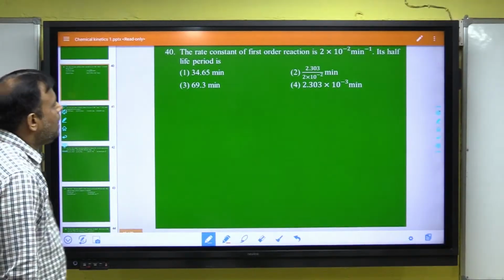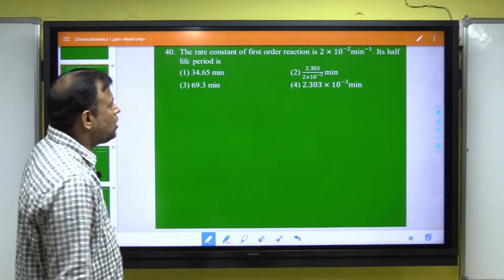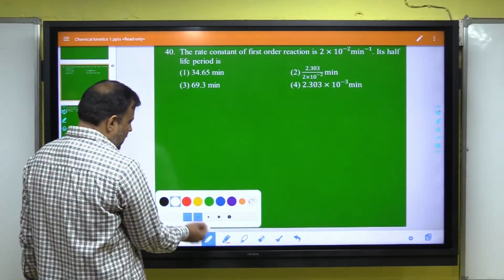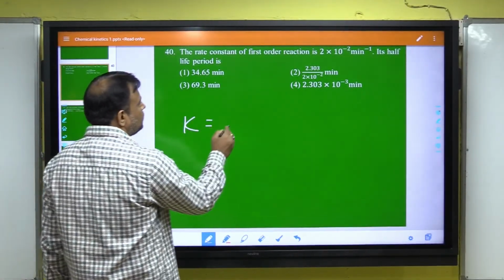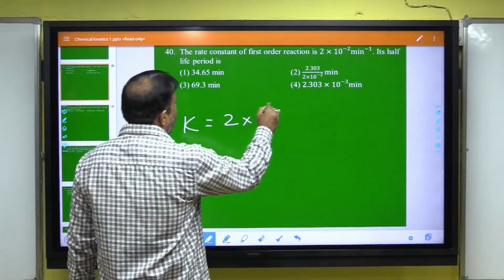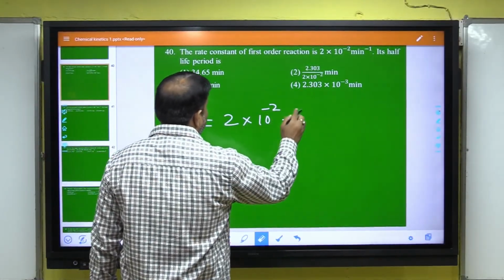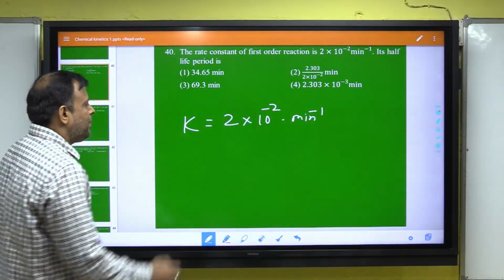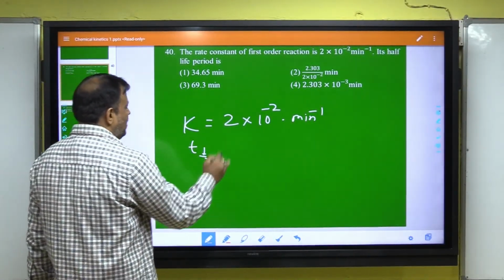Now, question number 40. The rate constant for first order. Listen, K is equal to 2 into 10 to the power -2 minute inverse. It is given. It's a half-life period, and it is asked what will be half-life.